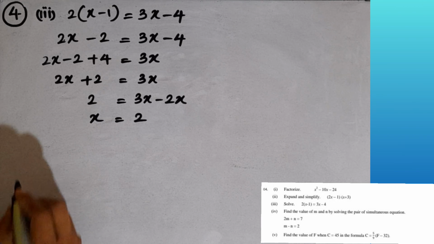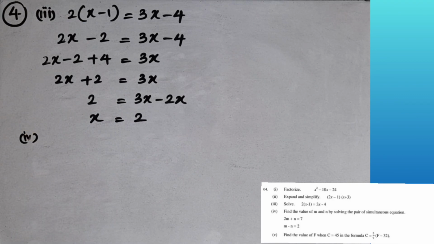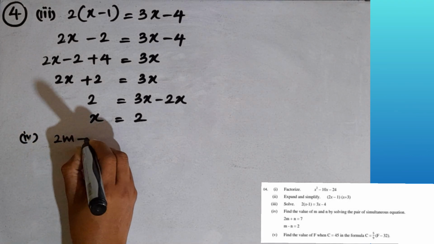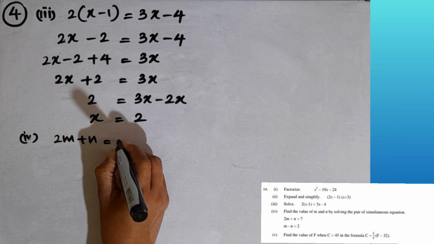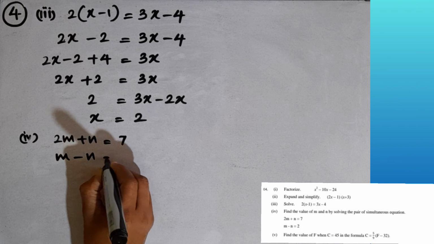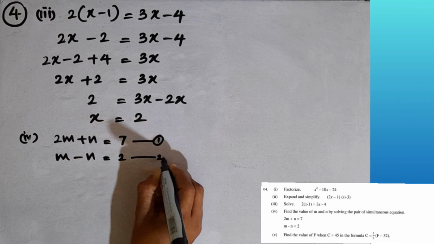Then in the fourth question, find the value of m and n by solving the pair of simultaneous equations. First one: 2m plus n equals 7, m minus n equals 2. Equation 1 and equation 2.